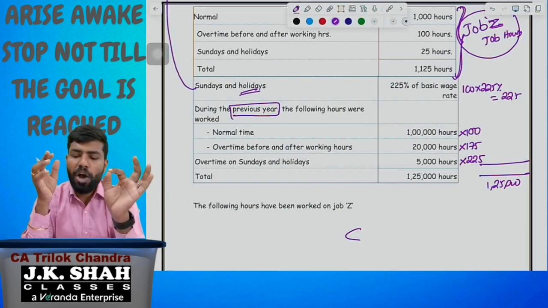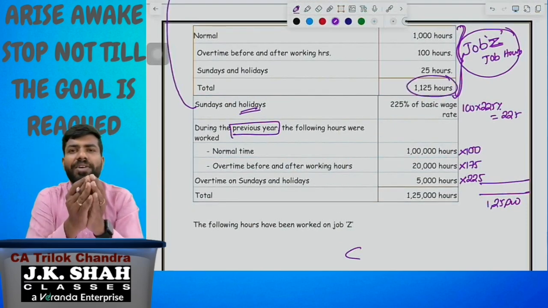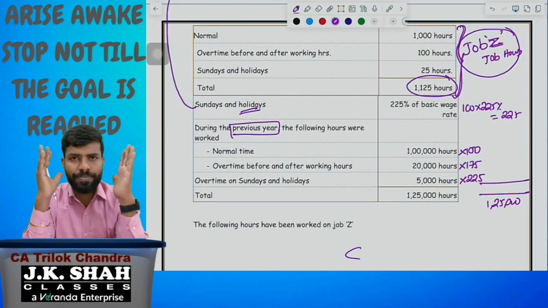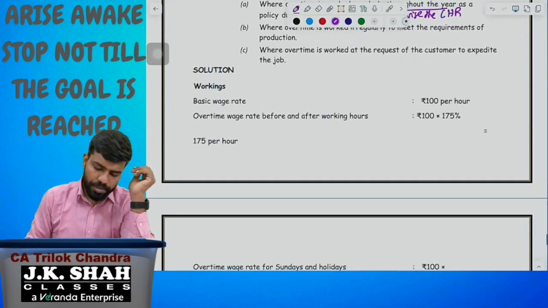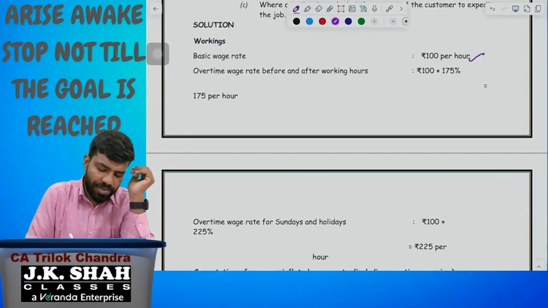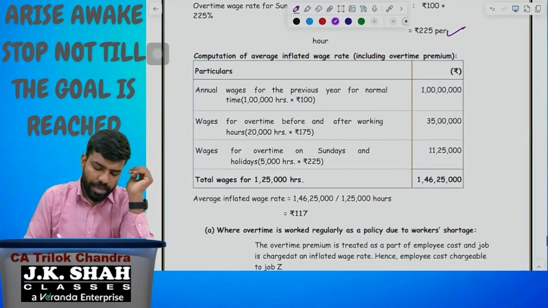On job Z, how many hours are we working? 1,125 hours. All the hours will be paid at the revised labor hourly rate. Okay, now look at here. First, they have given the hourly rates: 100 rupees, 175 rupees, 225, which we already discussed. Now they are calculating wages.